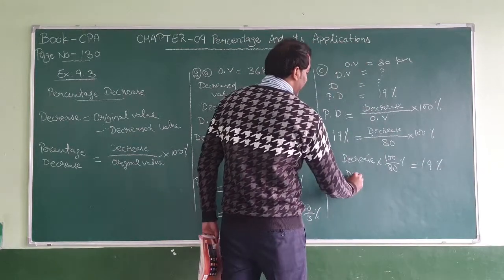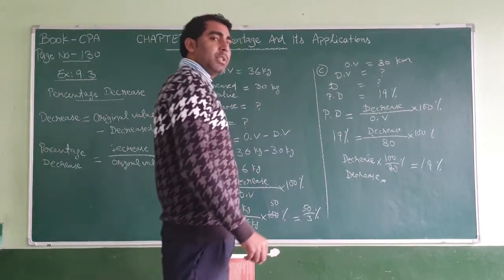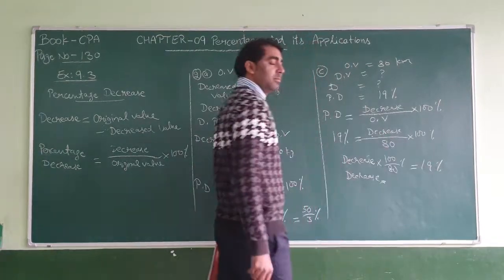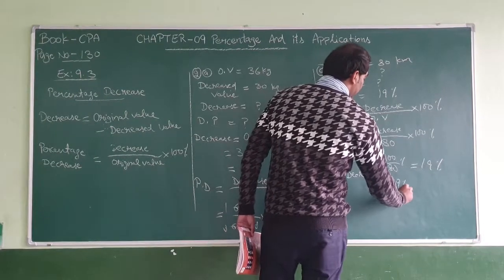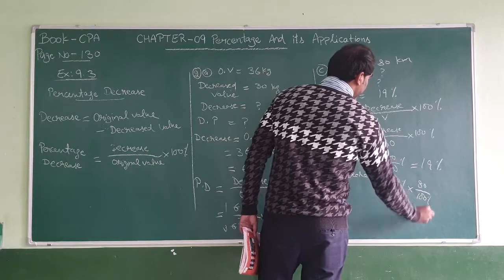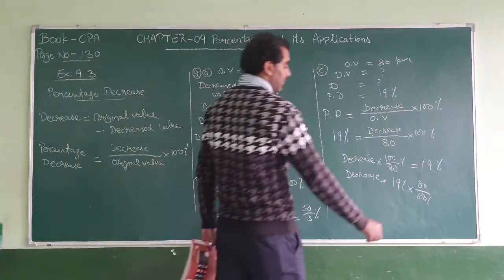So now the decrease: when this term moves to the right side, it will be in the reciprocal. So decrease is 90% multiplied by 80 upon 100. Then solve it.